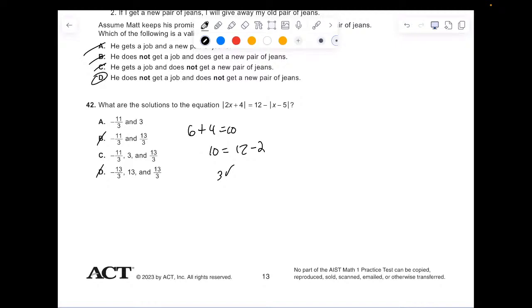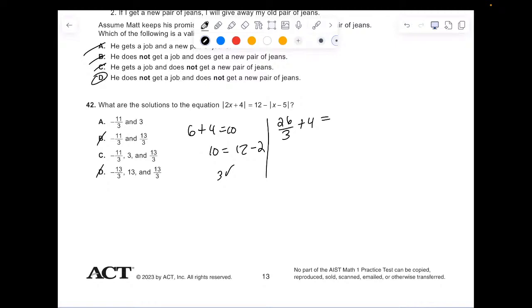And then what we'll do is 13 over 3. 13 times 2 is 26 over 3 plus 4.